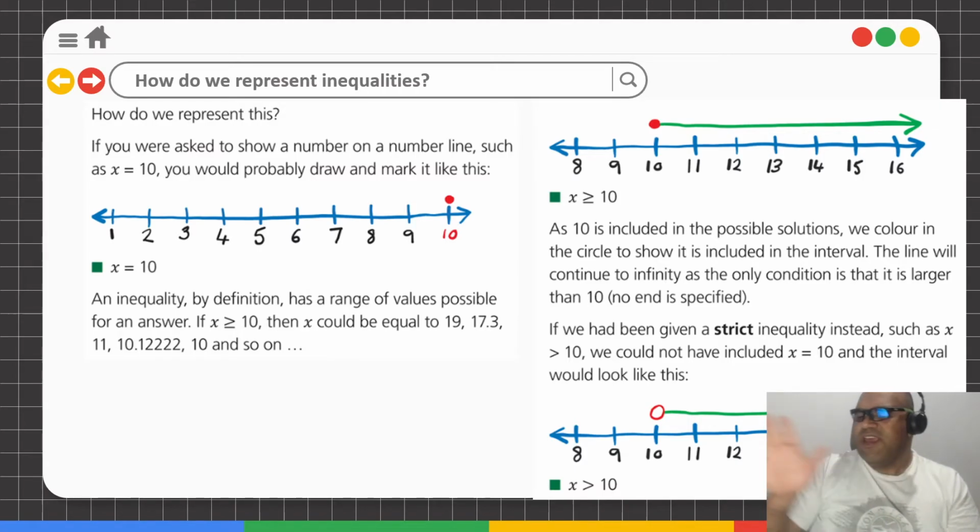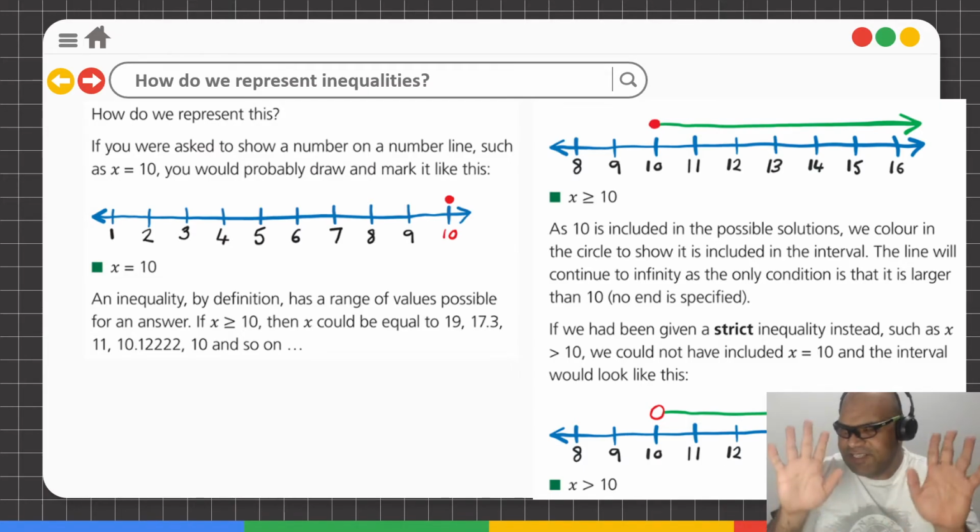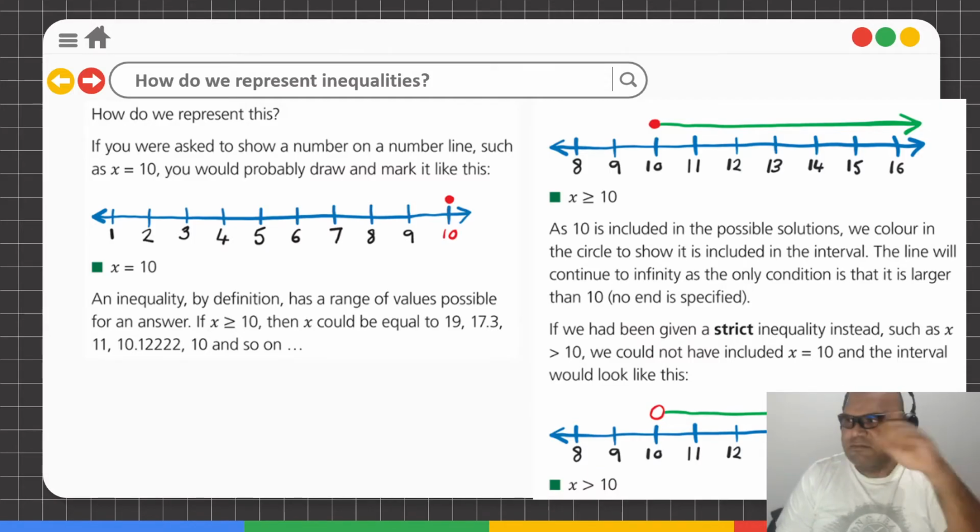Then 10 is not part of the group, and the arrow goes directly to the infinite over there.